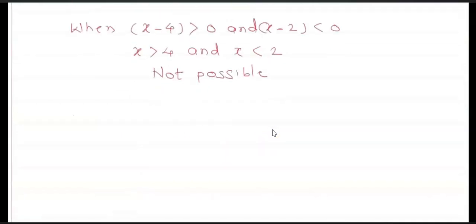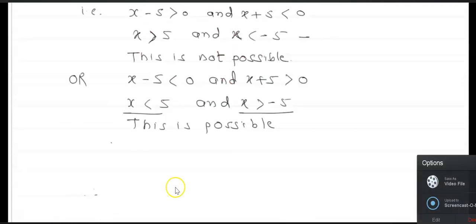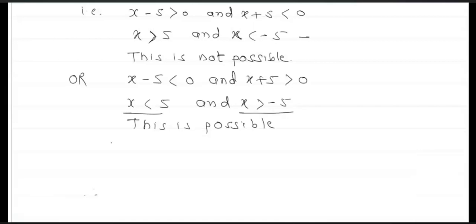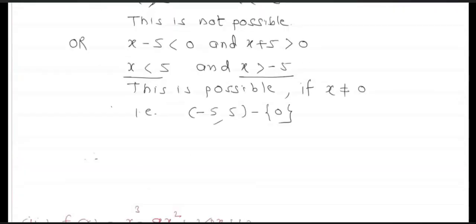And therefore, the first case is possible and x lies between 2 to 4. And in this way, see this here, it says minus 5 to plus 5.